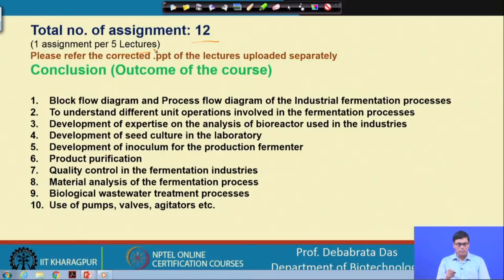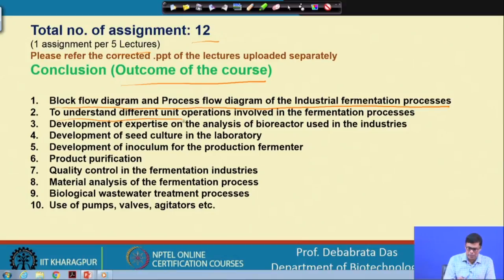Now, here I want to point out the main outcomes of the course. First, you should have information on the block flow diagram and process flow diagram of industrial fermentation processes.